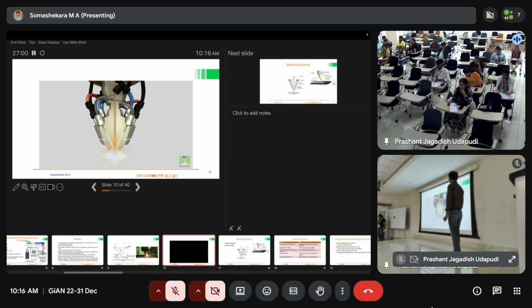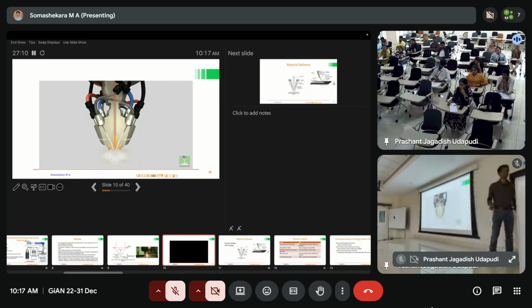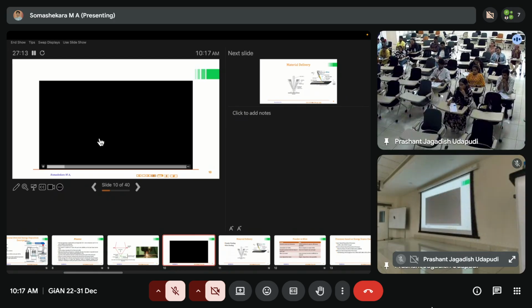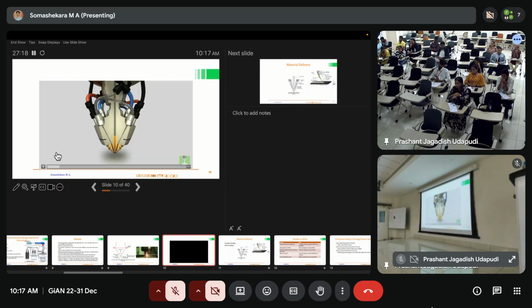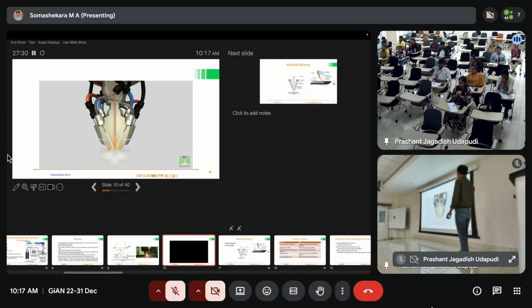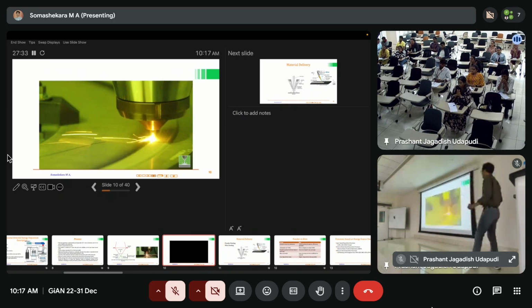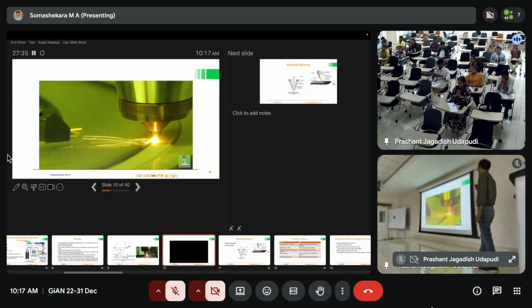As soon as the powder is placed there, the laser immediately comes, interacts, melts it, and deposits. Now if you look clearly at how the powder is coming, now everything will activate, and continuously it will start depositing.